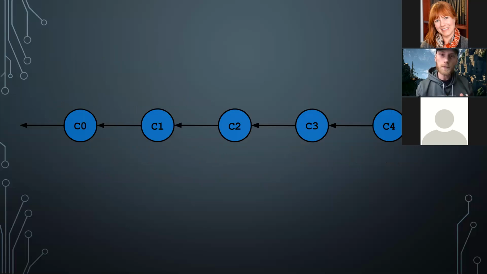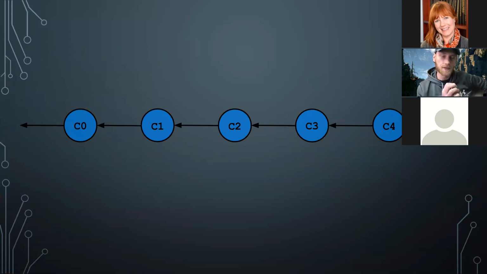So just a little visualization here. Consider all these nodes as different commits. Remember, your commit is your long-term memory. C0 is the first time I committed onto this repository, so that's the first iteration of the files.